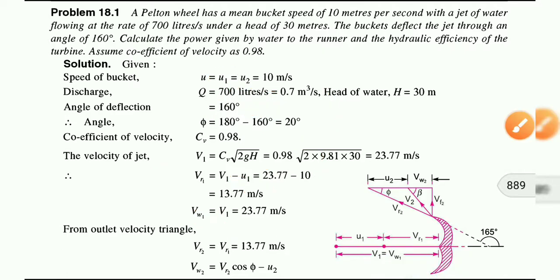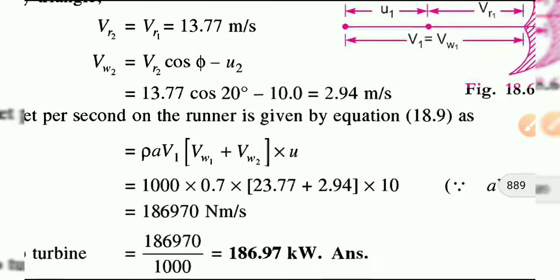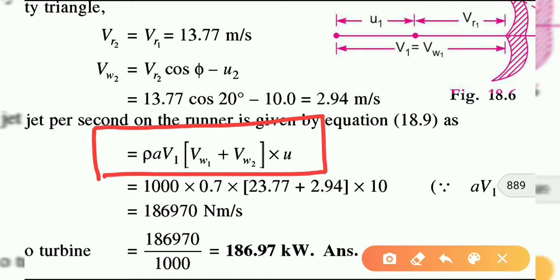To find the power, we know the formula for the work done. Work done by the jet of the water per second is equal to rho into A into V1 into the bracket VW1 plus VW2 bracket complete, multiplied by U. Here we know the density, as it is water, the density is 1000 kg per meter cube.